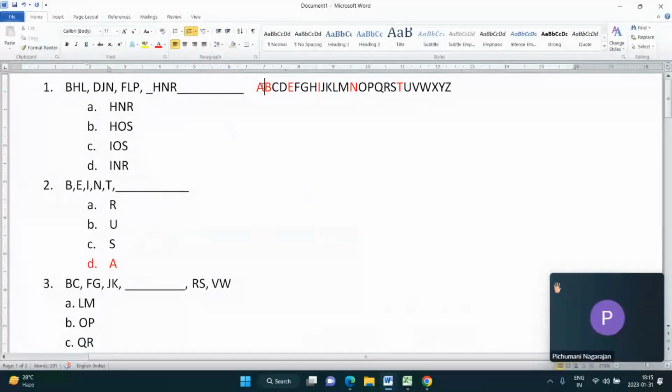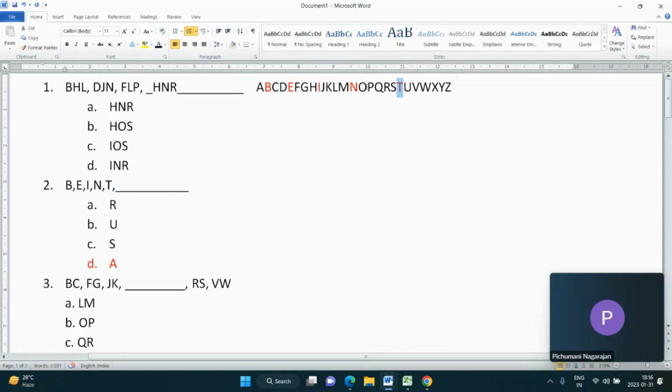I marked the letters given in this question. This looks very simple actually. B, E, I, N, and T. Now I want to find out the pattern in which this is given here.